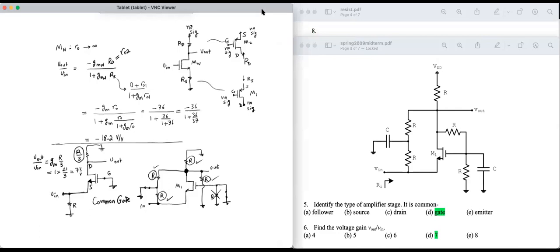Let me erase so that we can keep the circuit simple and clean. I don't need this.